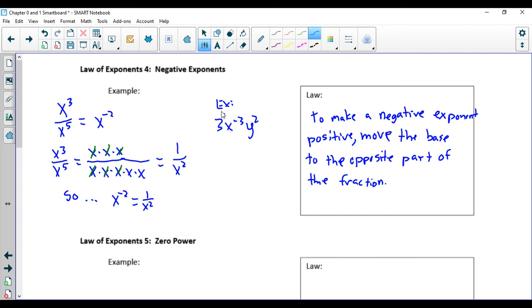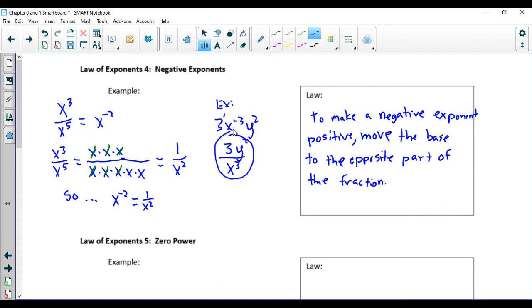That's a positive exponent. So I'm still going to have 3 on top. I'm still going to have y squared on top because that was a positive exponent. But this negative 3, I want to move that to the bottom to make it positive because you can never leave exponents negative. So I'd have 3y squared over x to the 3rd as my simplified answer.